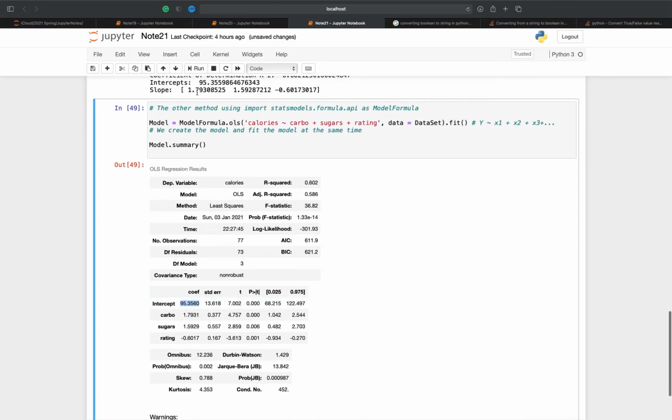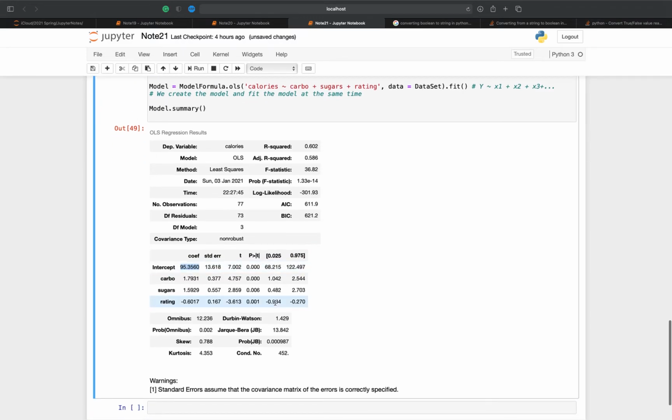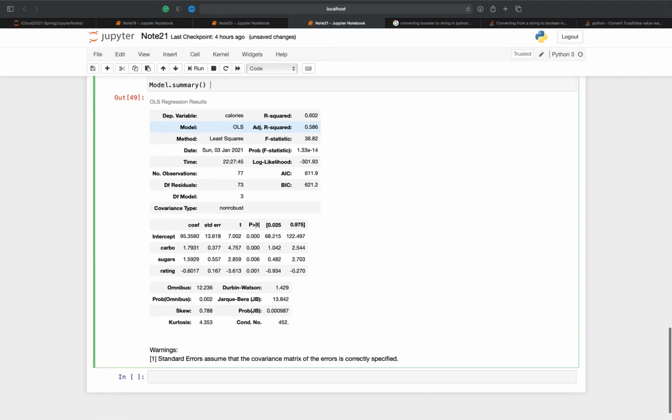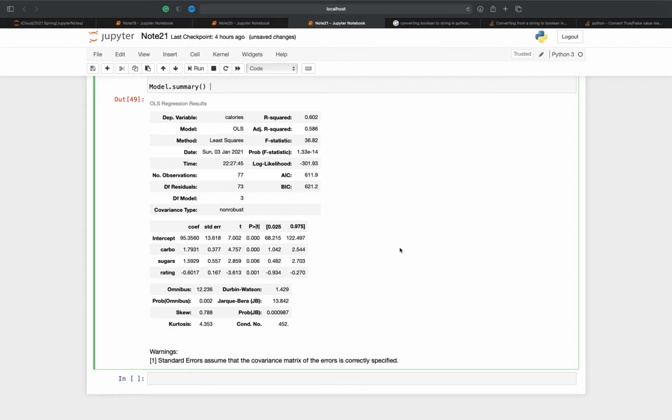And then 1.79, 1.59, and negative 0.60. So these are identical, right? So it doesn't matter which method you are using, as long as you have a similar model, you will have a similar result.